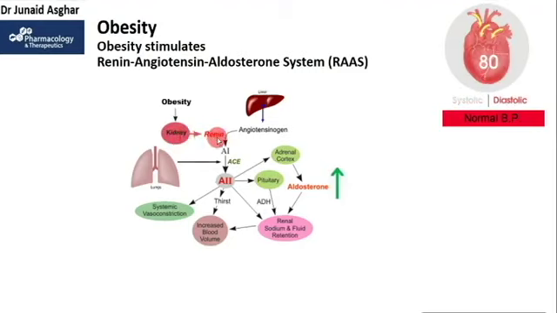Renin is also called angiotensinogenase because it acts on a protein called angiotensinogen, which is released by the liver into the blood, and this renin then converts this angiotensinogen into angiotensin 1. Basically, renin cleaves angiotensinogen, causing its breakdown into a decapeptide called angiotensin 1.